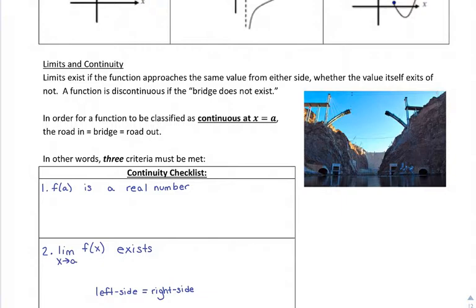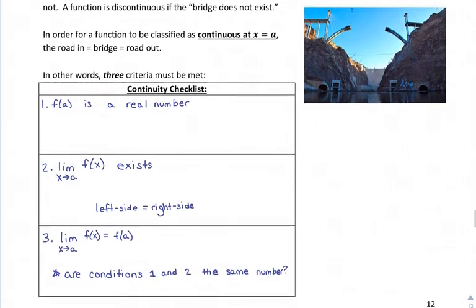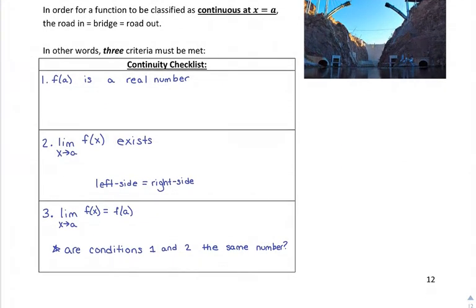There are three things we're going to have to check to figure out if a function is continuous at x equals a number. The first thing we check is that f of a is a real number. That's when we plug in our x value into our equation and we get a real number out. If it's undefined, then it does not work.